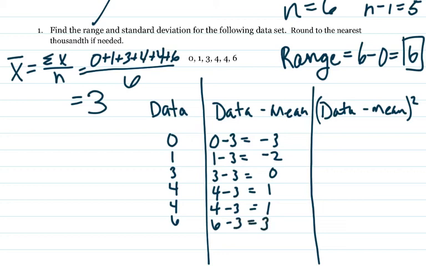Now we take each of these values and we square them. So please remember that we're squaring the entire number. So when we do negative 3 squared, put the negative 3 in parentheses if you're going to use your calculator. Now, I hope you know that negative 3 squared is equal to positive 9.